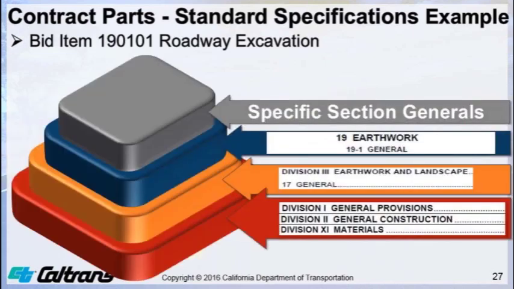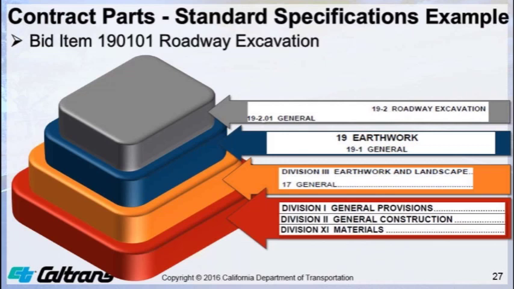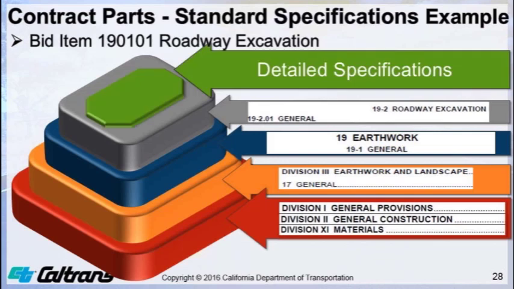Now we need to find the specific general that applies to this bid item. Based on the bid item roadway excavation, the specific Section 19-2.01 General applies to this bid item. With that, we are now at the top of the pyramid, which represents the detailed specifications for this bid item.